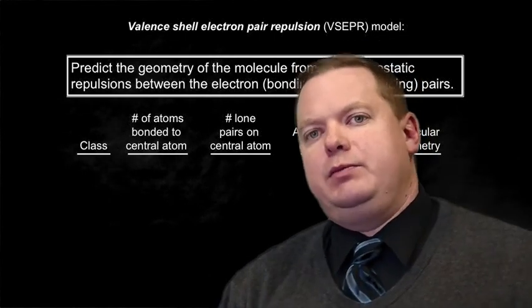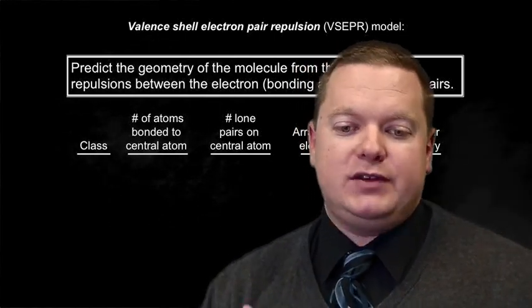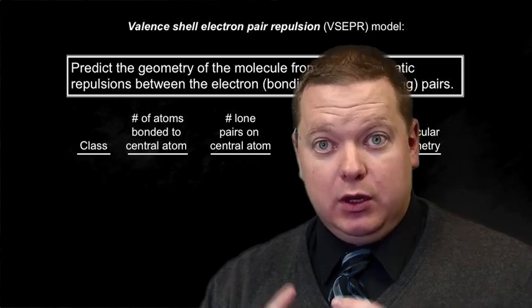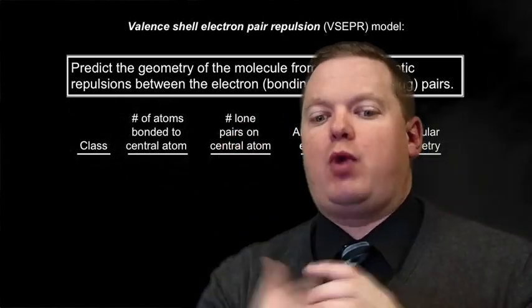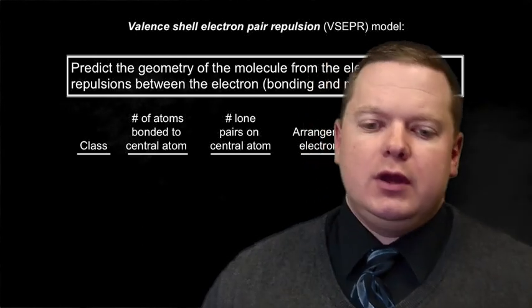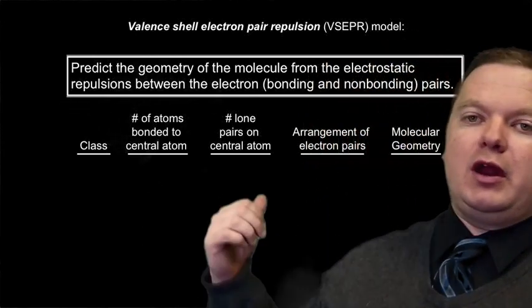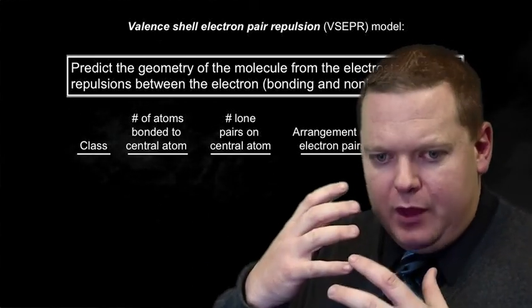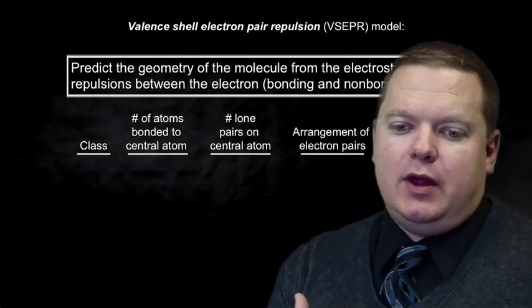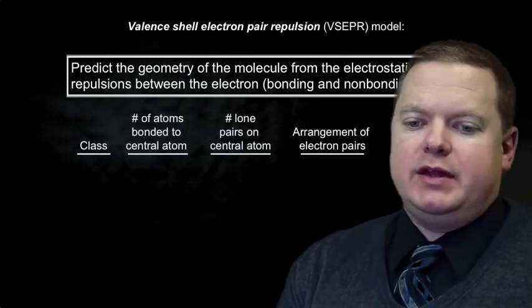And we're always going to be talking about, in this theory, based on some central atom. So we're going to look at the central atom, the one in the middle, and talk about what environment surrounds it. We're going to talk about a class of compound, or just a general idea: the number of atoms bonded to that central atom, the number of lone pairs on that central atom.